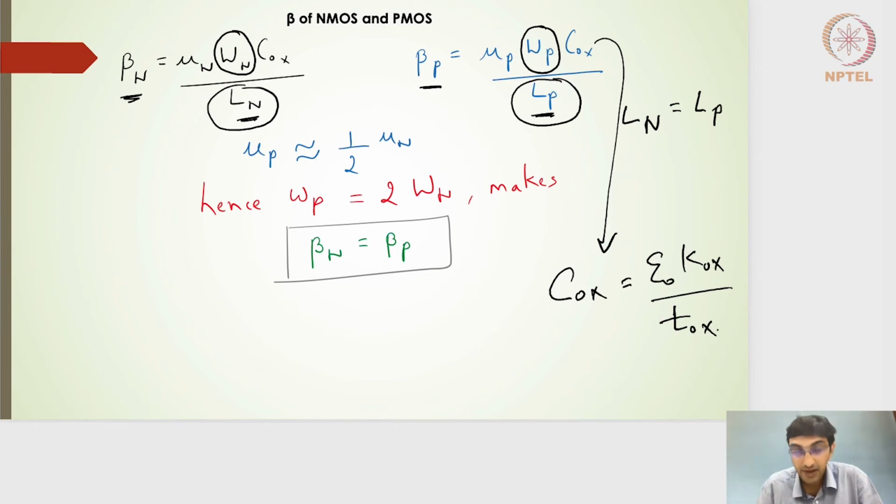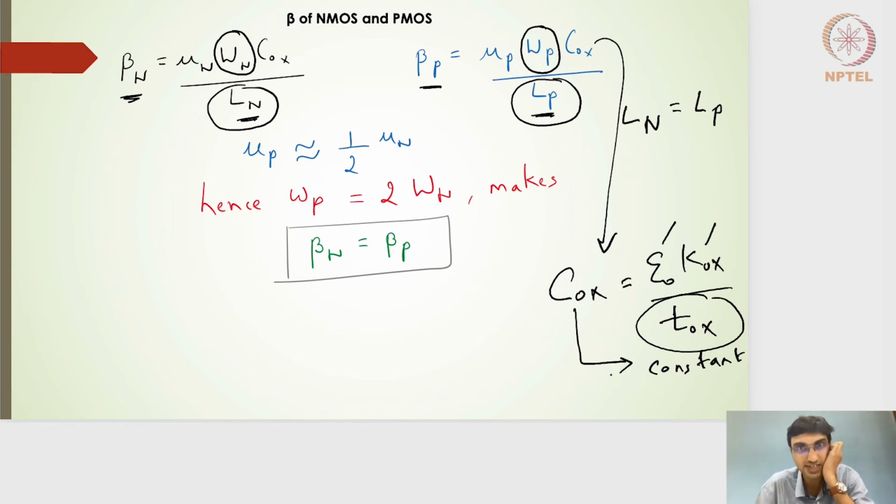T oxide for a particular technology node is a constant. So C oxide will be a constant value for both NMOS and PMOS. We cannot have a T oxide for an NMOS different from that of a PMOS, so my C oxide will also be the same.